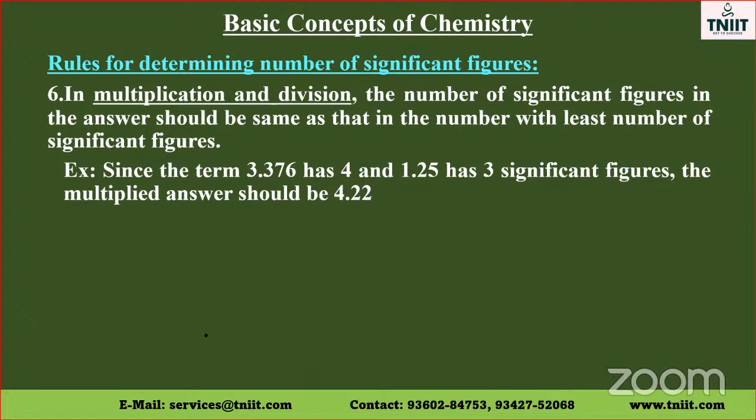In multiplication and division, the number of significant figures, this is 6th rule. The number of significant figures in the answer should be same as that in the number with the least number of significant figures. Answer should be having the least number of significant figures.